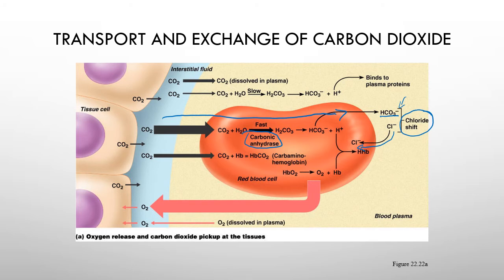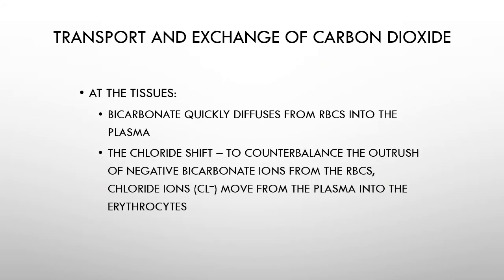We also have here the movement of our oxyhemoglobin. The oxygen dissociates from the hemoglobin, and that then allows oxygen to move into the tissues themselves. And that's going to be the major way that the process occurs. So bicarbonate quickly diffuses from the red blood cells into the plasma.